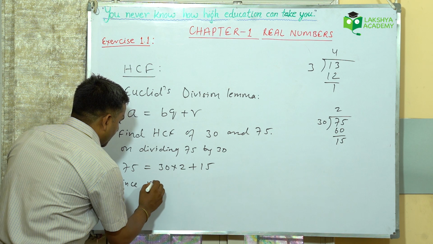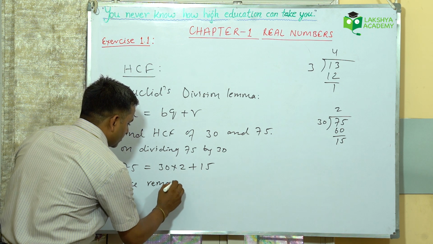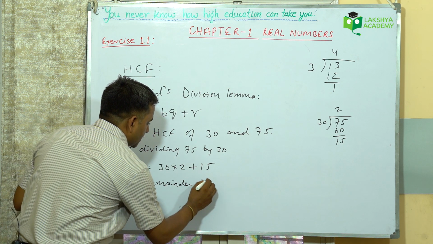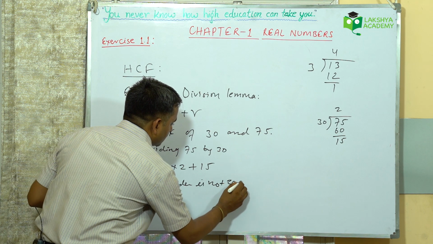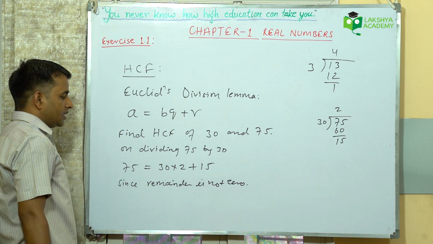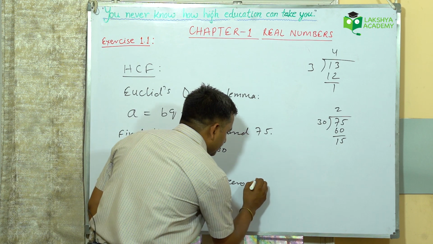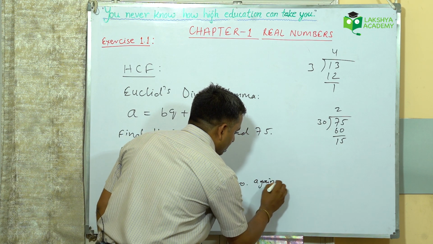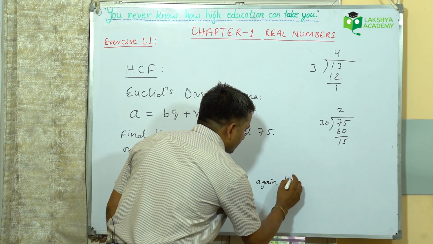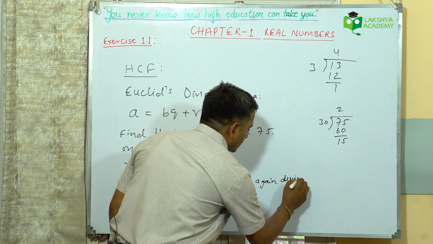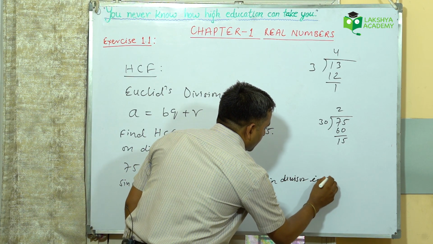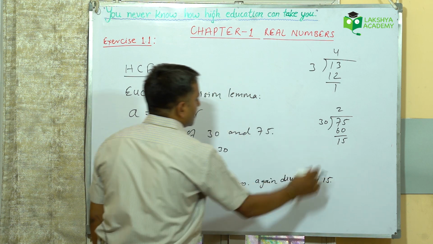Since the remainder is not 0, again the divisor is 15. 15 means the remainder.